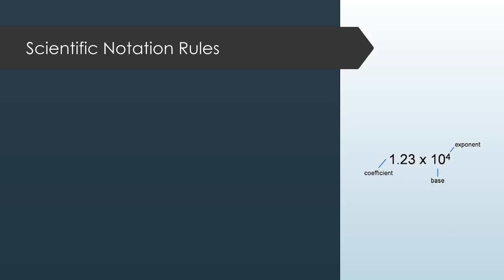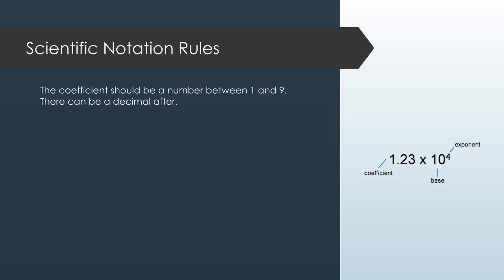We have a coefficient, a base, and an exponent. The coefficient is the number that comes in front. There's a multiplication sign, and then there's times 10 to the whatever. The base is always kept at 10. Now, the coefficient can only be a number between 1 and 9.